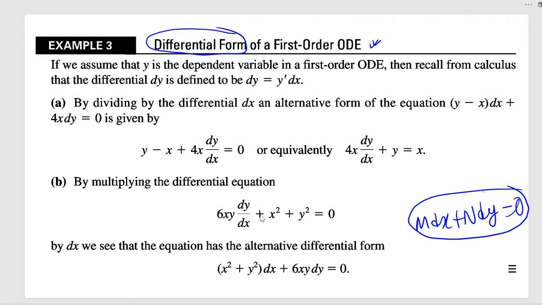There is no special reason, it is just a name given to the differential equation. If you can separate the variables, or if you can write the first order derivative in this form, then we call it a differential form.